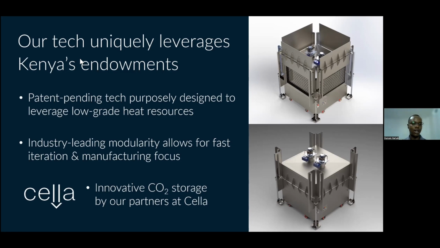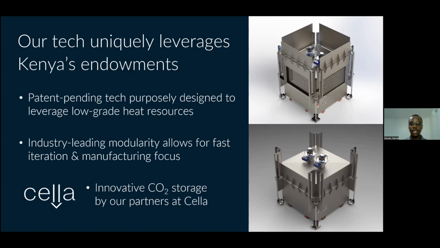A lot of the work that we've been doing has been around how we design our technology to leverage Kenya's endowments. Over the past year, we've been developing a patent-pending approach that uniquely relies on very low-grade heat resources. We are talking about waste steam at very low pressure.